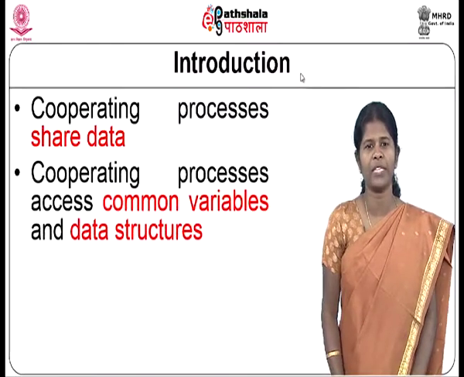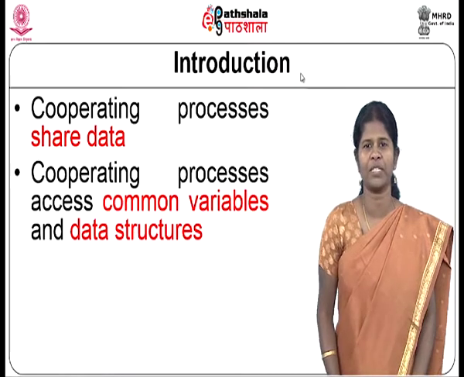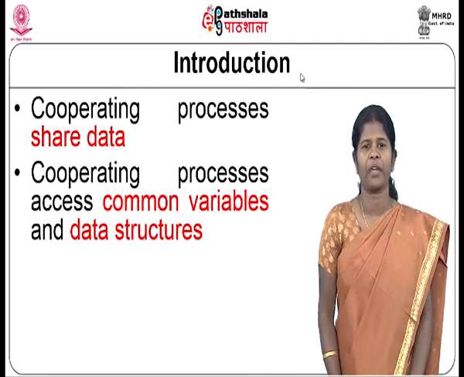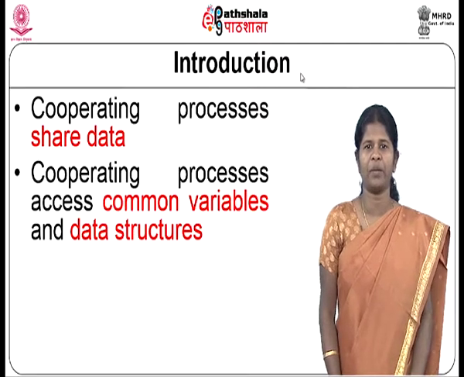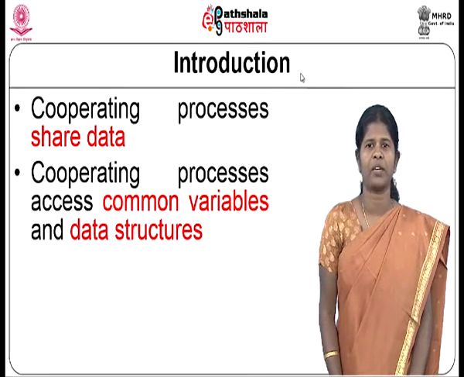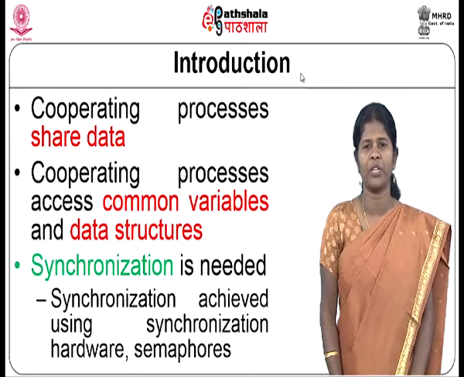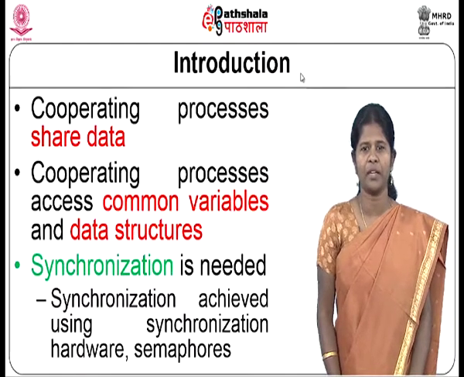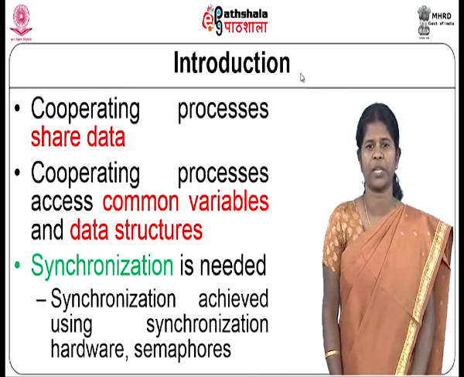So, we have been seeing about cooperating processes, and we know that cooperating processes share data, and the data that is being shared can be in the form of variables or in the form of data structures, and many processes which share common variables need to have synchronization between them.